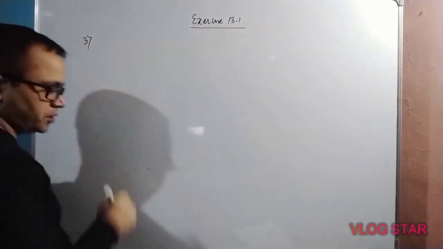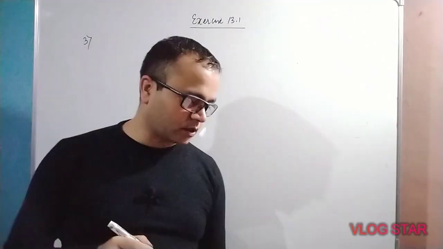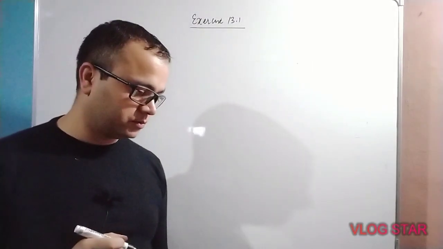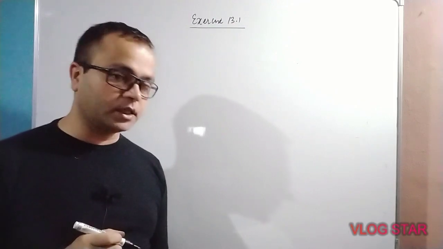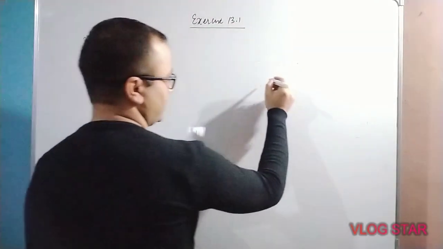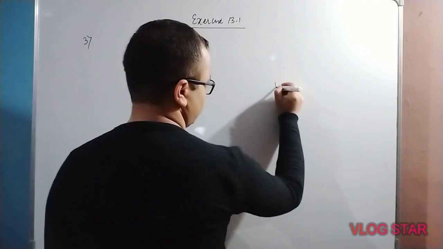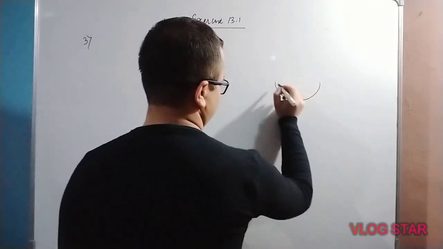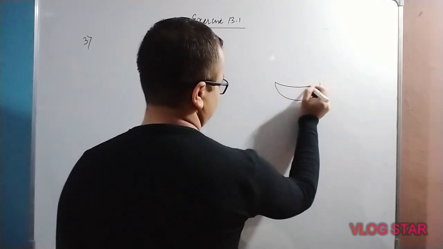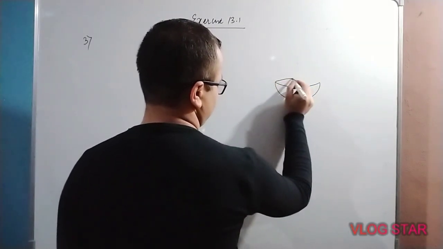The question is: a toy is in the form of a cone of radius 3.5 centimeter mounted on a hemisphere. First we have to draw the hemisphere.